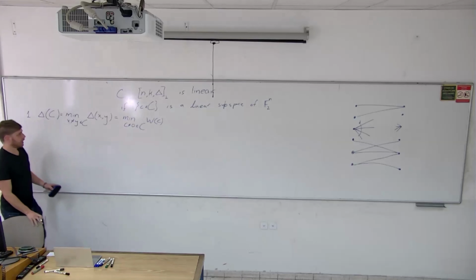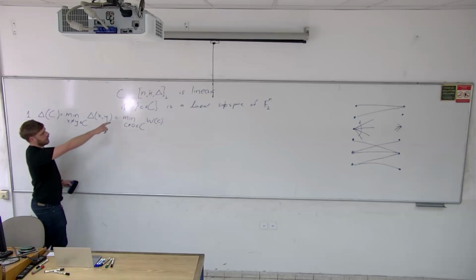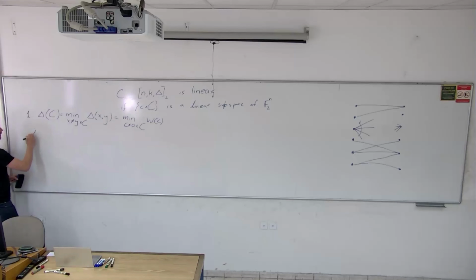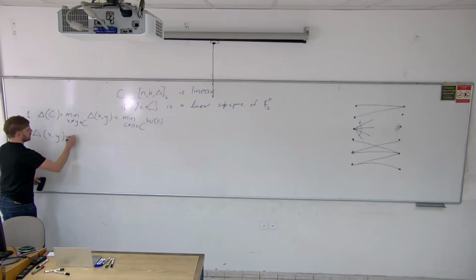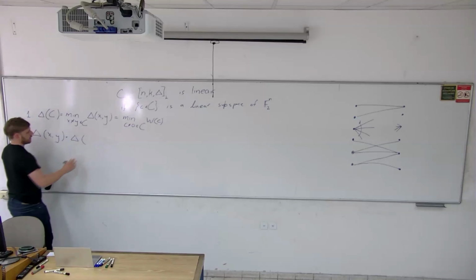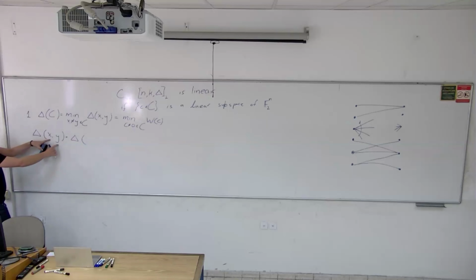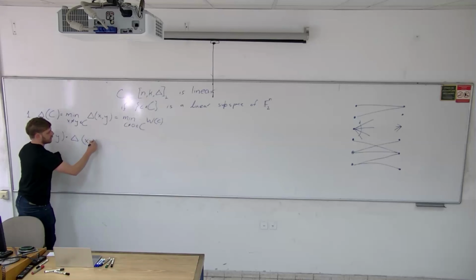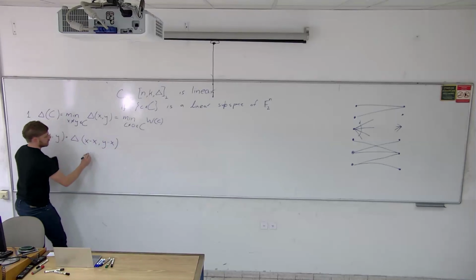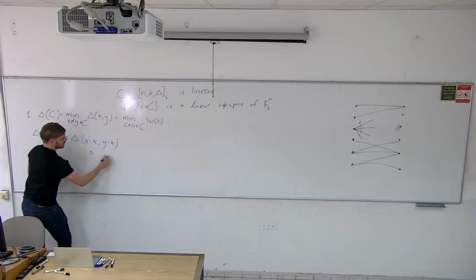Maybe I'll just explain why. So if C is a linear code, the distance between x and y is the same as the distance between x minus x and y minus x, so let's just shift these two words by x. This is 0 and this is y minus x.